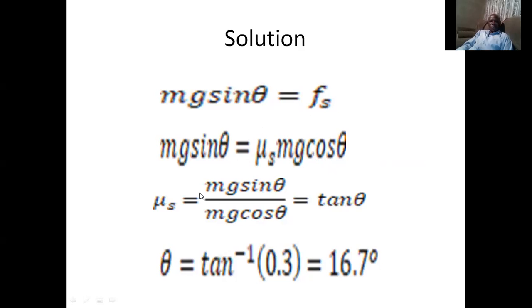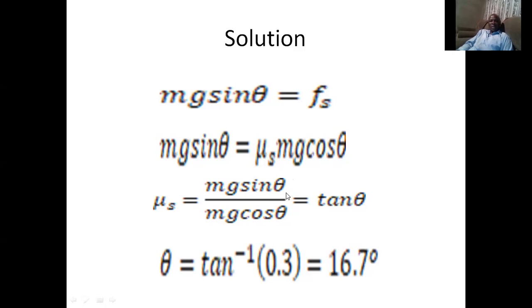We have been given the coefficient of static friction, so we can make it the subject of the formula. You are going to have mg sin theta over mg cos theta. The mg here and mg here will cancel out, and we remain with sin theta over cos theta.